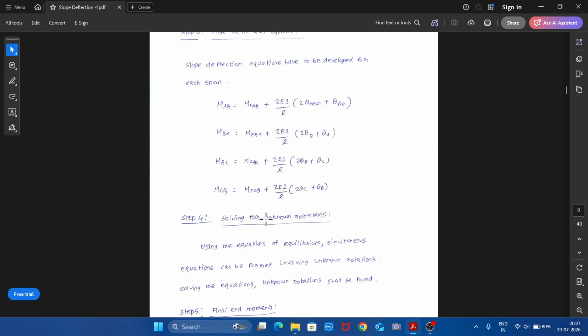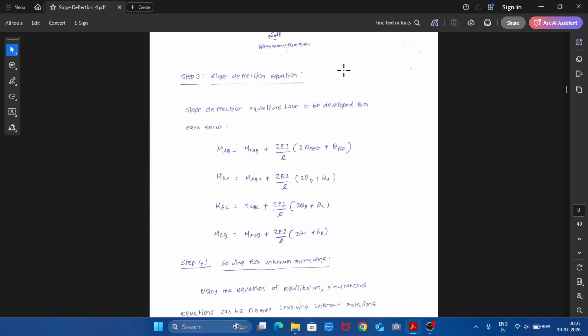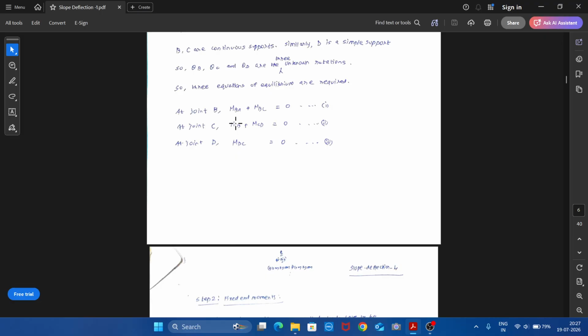In step 4, we need to solve for the unknown rotations. We have the equations of equilibrium in step 1. Wherein, in step 1, MBA plus MBC equals 0. MBA we might have got in the third step, and MBC will have a value in the third step. So we can get an equation. Similarly, you can use the equations MCB plus MCD equals 0 and MDC equals 0.